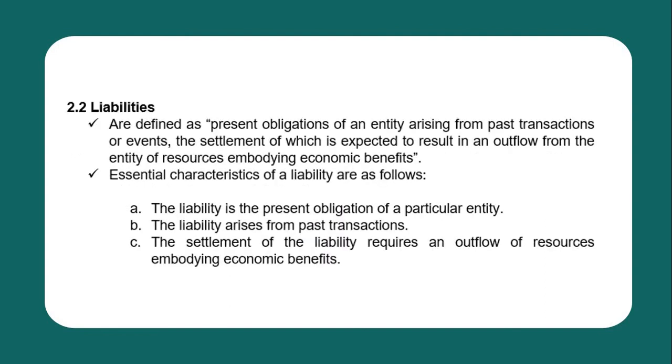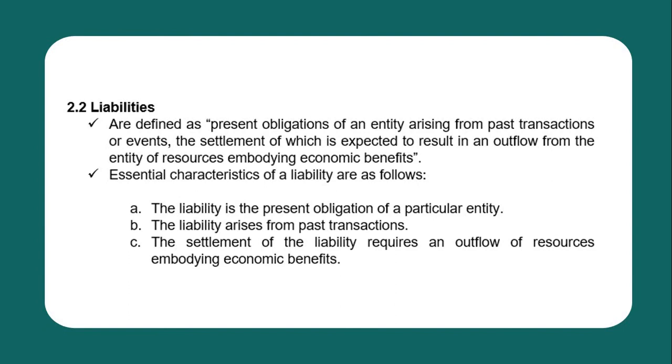So, next element of the statement of financial position is the liabilities. These are defined as present obligations of an entity arising from past transactions or events, the settlement of which is expected to result in an outflow from the entity of resources embodying economic benefits. So, based on the definition, these are the following essential characteristics of a liability.